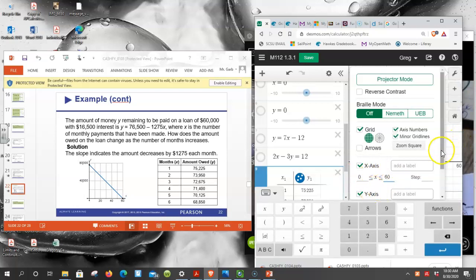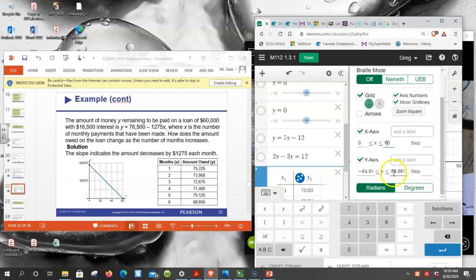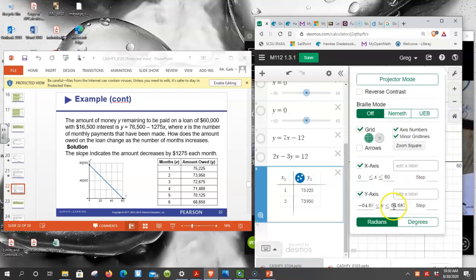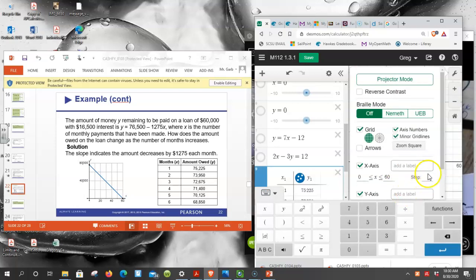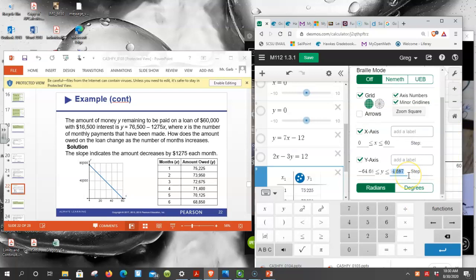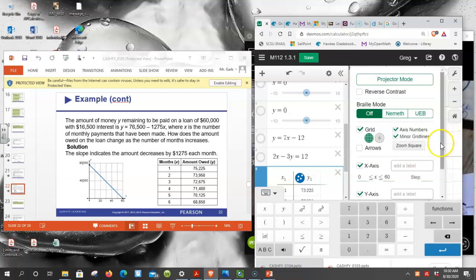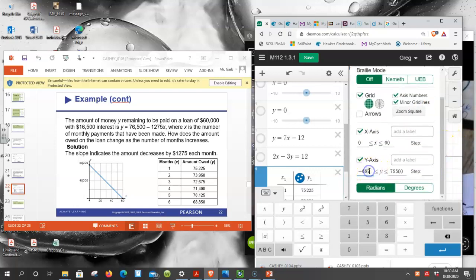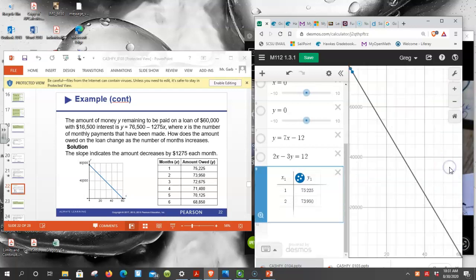And then y was 76.5, I think it was. And this one was 0, I think. So we can go back and we can see that.